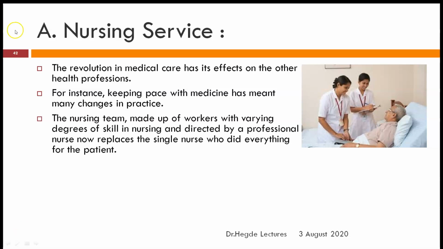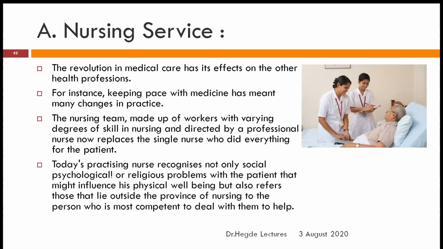The revolution in medical care has its effects on the other health professions. For instance, keeping pace with medicine has meant many changes in the practice. So, medicine is an ever-changing science. The nursing team, made up of workers with varying degrees of skill in nursing and directed by a professional nurse, now replaces the single nurse who did everything for the patient. Now, in nursing also, there are many specialty programs.